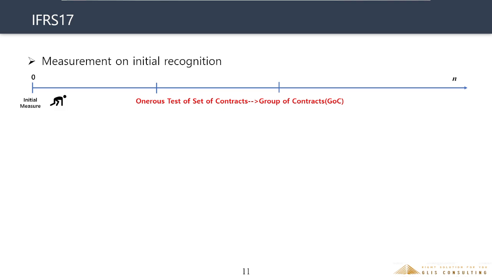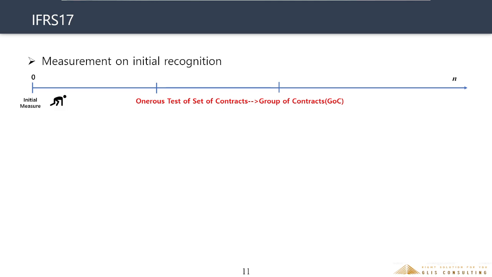Probably based on historical data, you do the analysis using all the rating variables or underwriting variables, and you have a set of contracts and you do the test on those, and some other necessary measures.